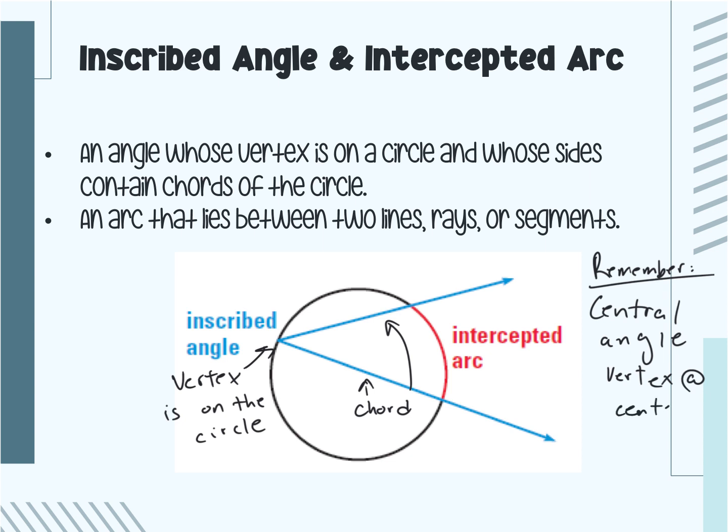So the central angle would be around here-ish, I guess. And this is the inscribed angle. So the inscribed angle has a vertex on the edge of the circle, and the central angle has a vertex in the center of the circle.